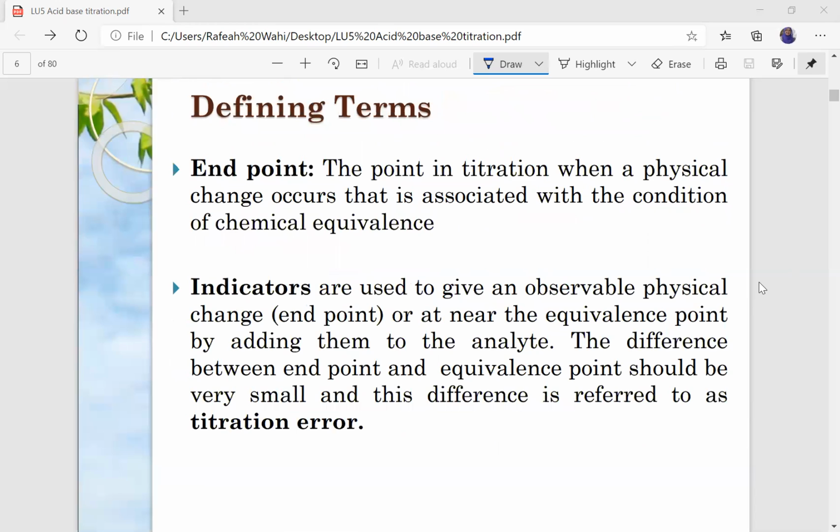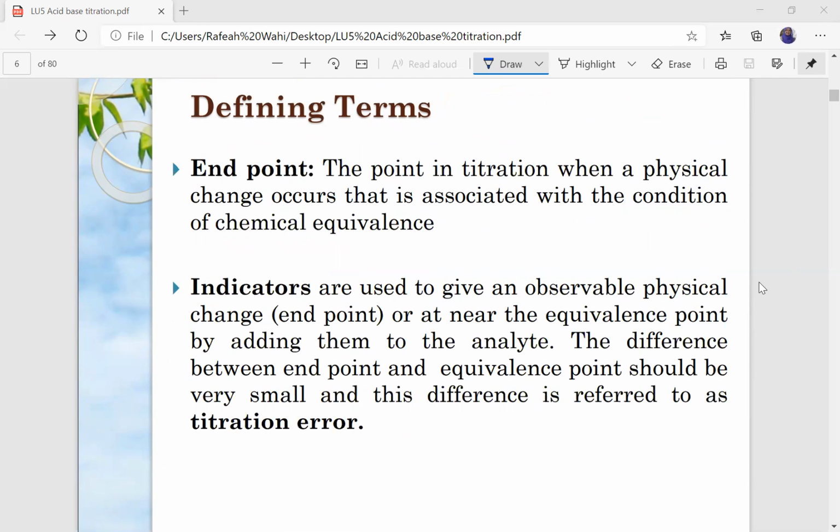Another important term which is sometimes confused with equivalence point is the endpoint. What is endpoint? The endpoint is the point in titration when a physical change occurs that is associated with the condition of the chemical equivalence.